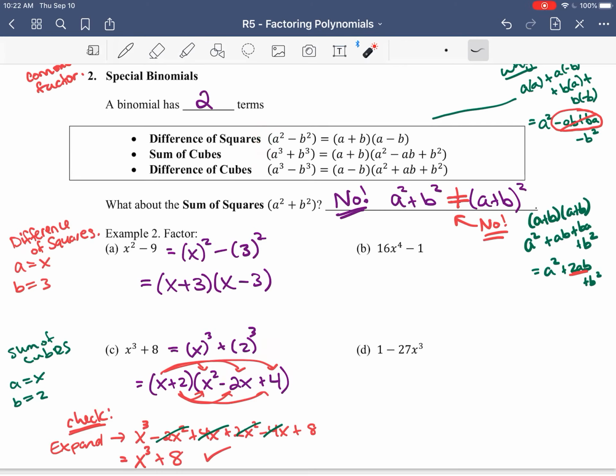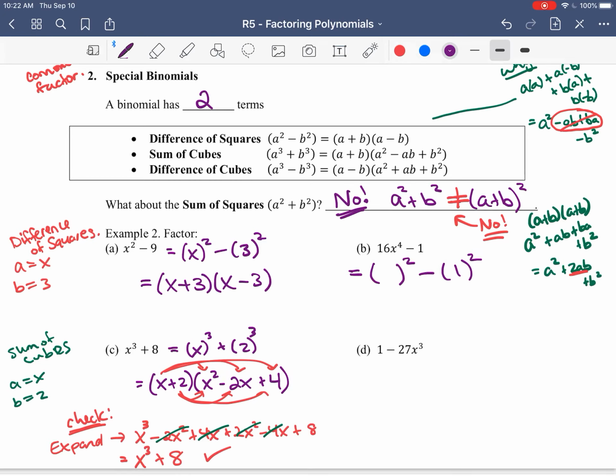It's a 4th power, so probably not the cubes. It looks like a difference, so that's nice. I think that we could write this as a square, and 1 is always a square. So I want to write it as something squared minus 1 squared, and 1 squared is just 1.